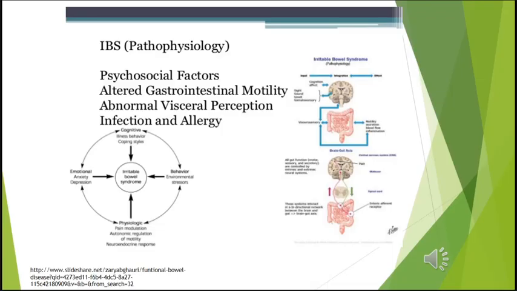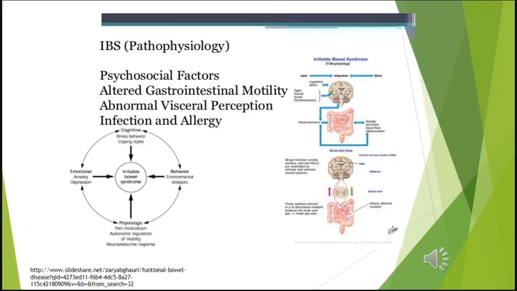This particular functional bowel disorder has a lot of hallmarks of food allergies along with it.